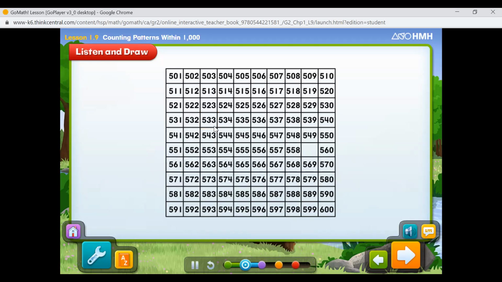Think about what the number just before 560 is. Then select the space to show the number. 559 is just before 560.